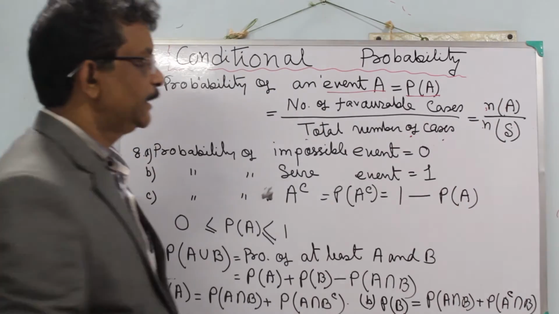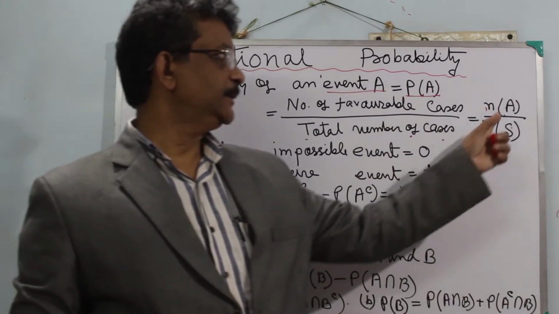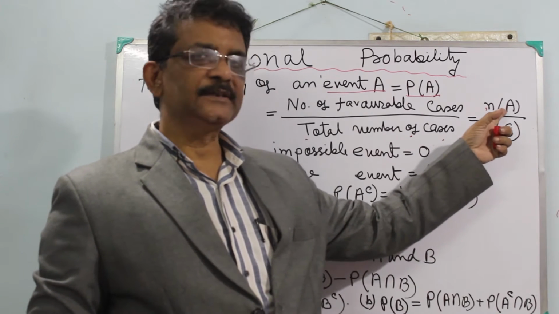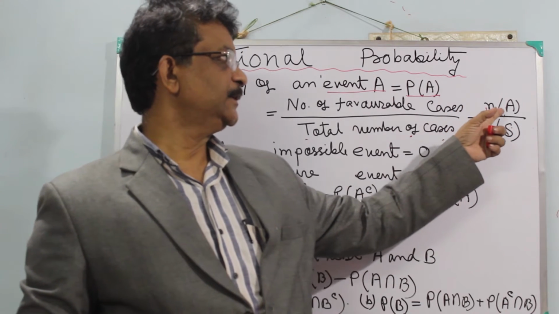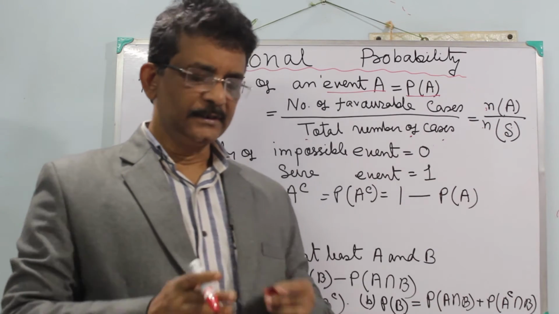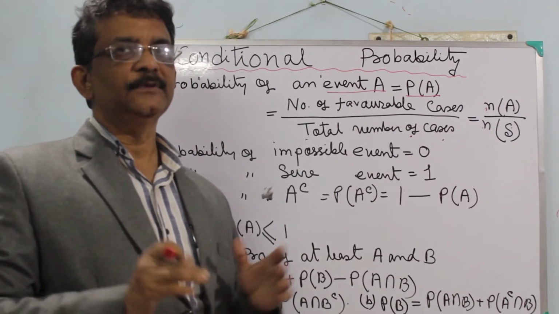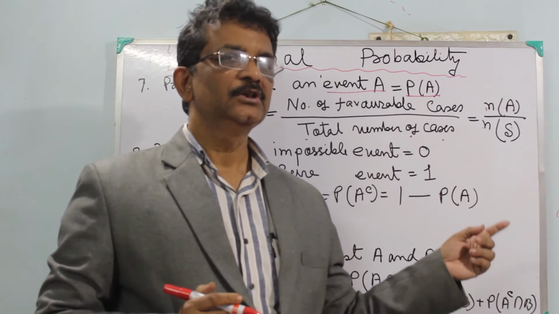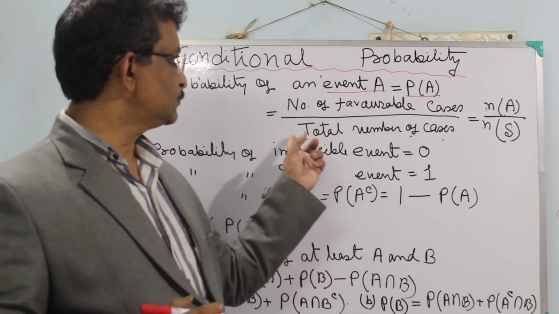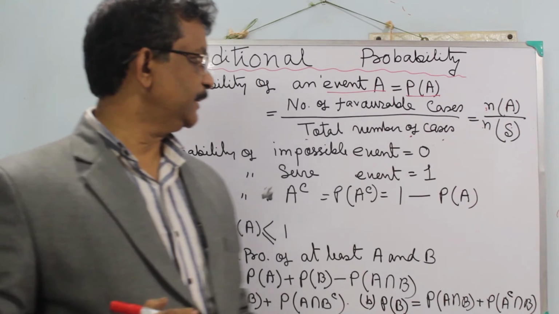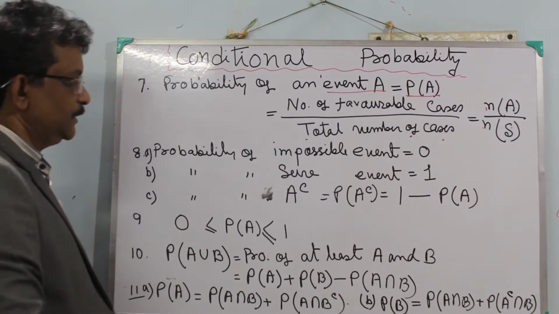N(A) means number of elements in the event A. If we consider A as a set, then it is the number of elements in set A, and S means sample space, that means the universal set, the total number of elements in the universal set, that is the total number of cases. So N(A) by N(S) is the probability of an event.